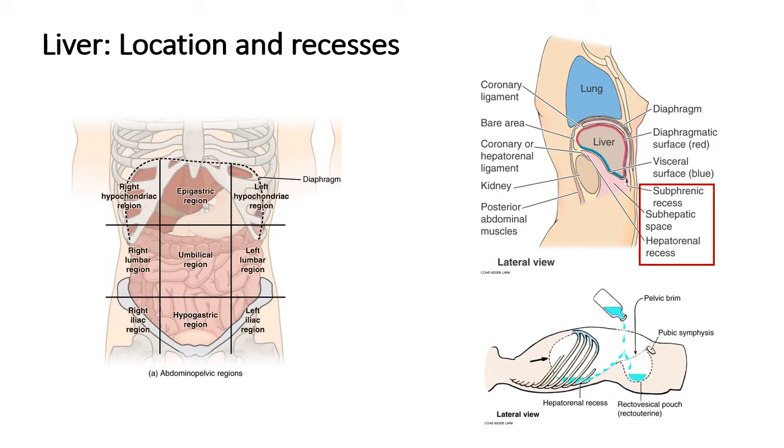Now let's move to the liver. The liver is the largest gland in our body. It spreads over 3 regions of the abdomen, including the right hypochondriac region, the epigastric region, and the left hypochondriac region.